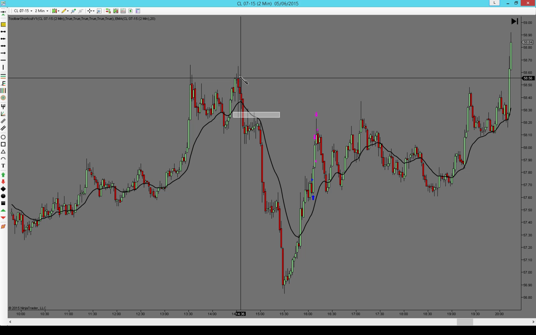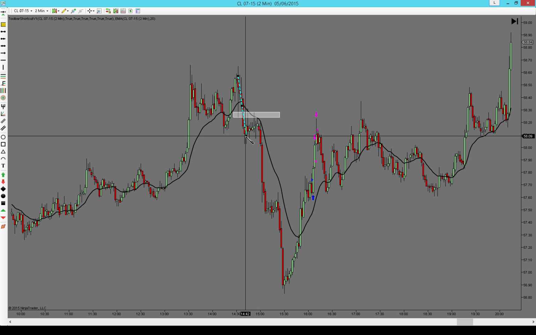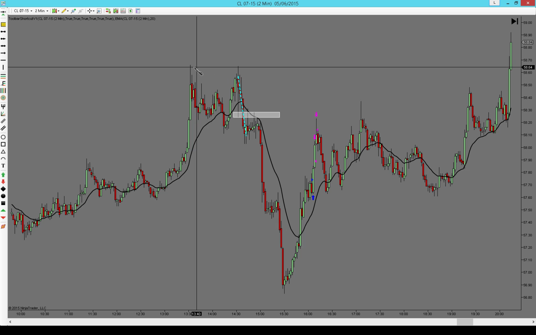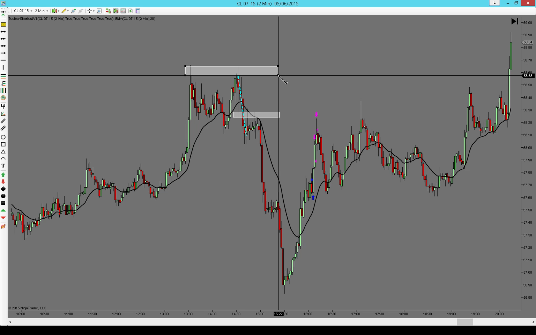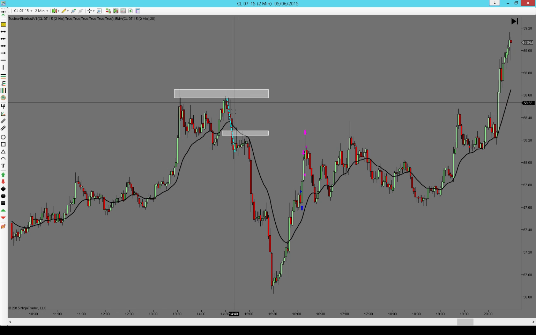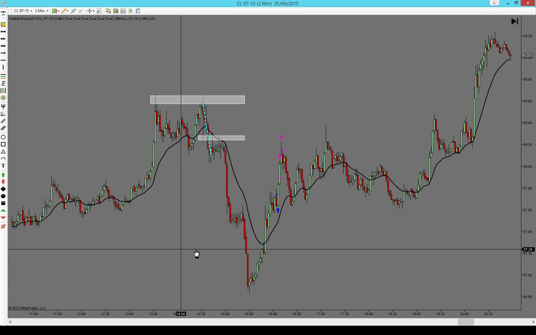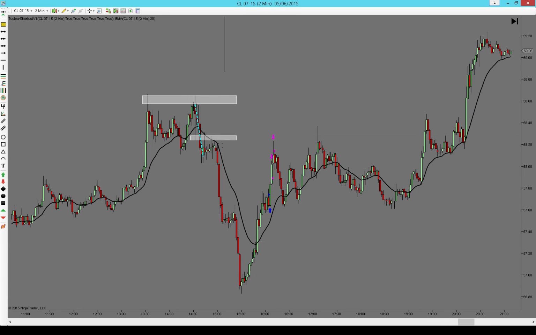The support level was broken, and we could see a double top sitting here. So a good sign that market could go back down again. The entry was, I think, 58.11, 58.10.